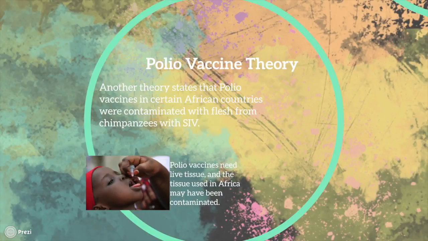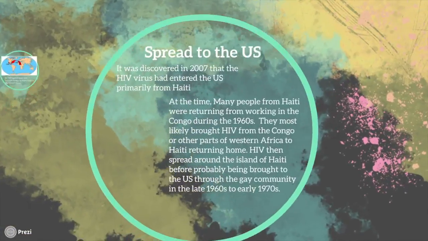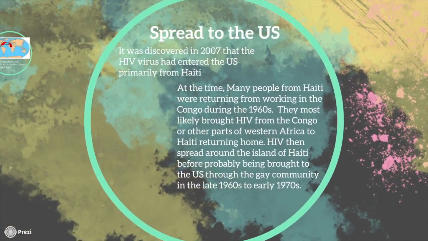Another theory states that polio vaccines in certain African countries were contaminated with flesh from chimpanzees with SIV because the vaccines needed live tissue, and the live tissue used was from the chimps. There's also a conspiracy theory that the US government created HIV to reduce the population, especially of African Americans and homosexuals.